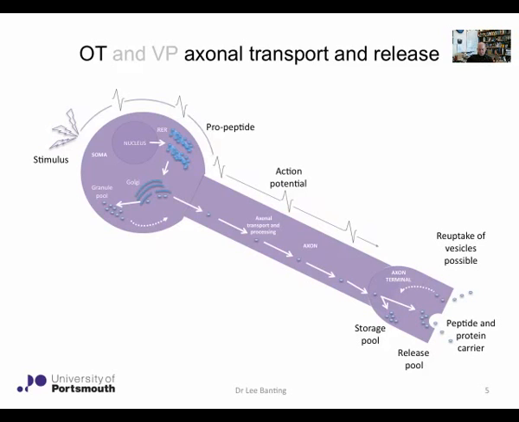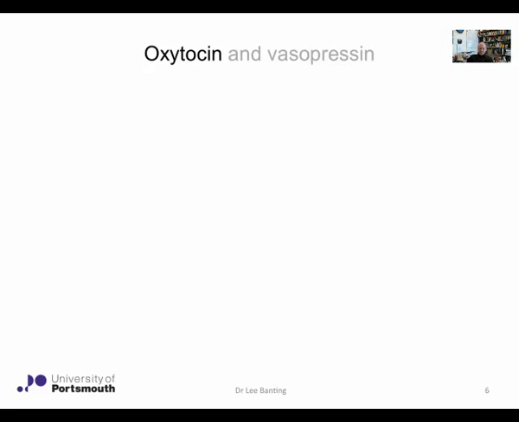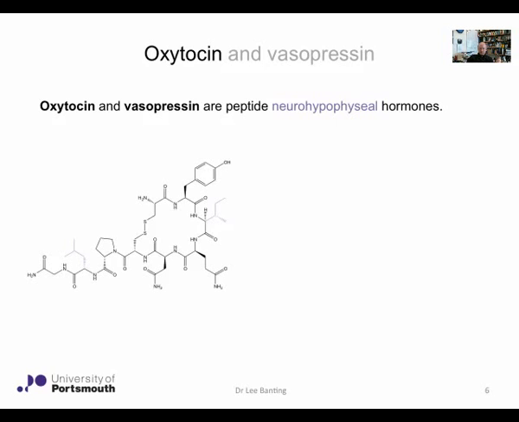The thought is that the protein carrier is required to deliver the peptide to its receiving tissues, but also to protect the peptide from degradation. It also facilitates reuptake of the vesicles back into that neuron when they're not used. So a reuptake system.